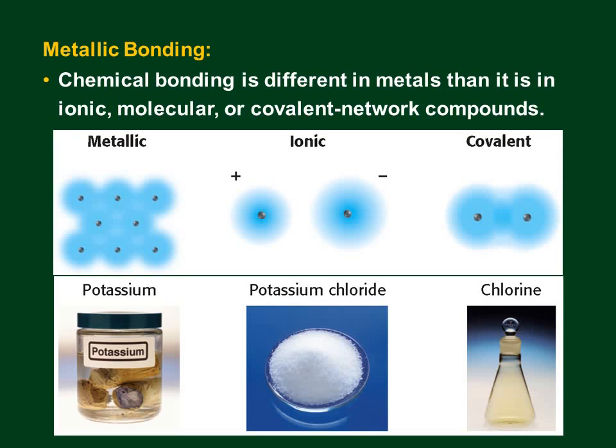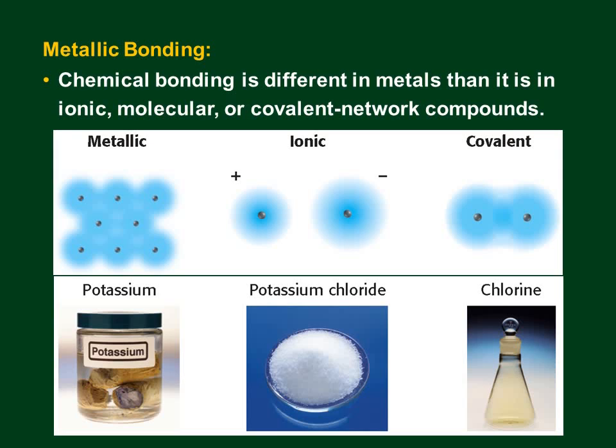An atom loses one or more electrons, and another atom gains one or more electrons, and the electrostatic attraction between them causes the ionic bond, like in potassium chloride.